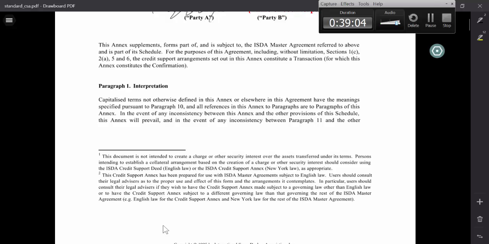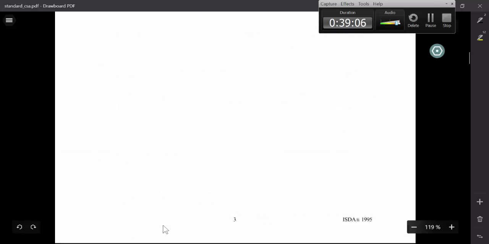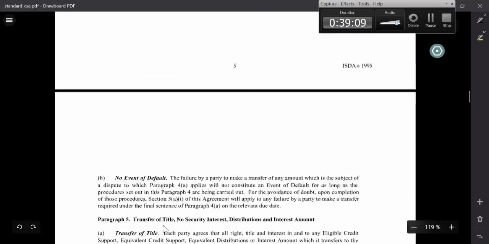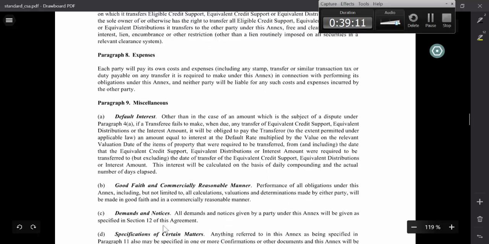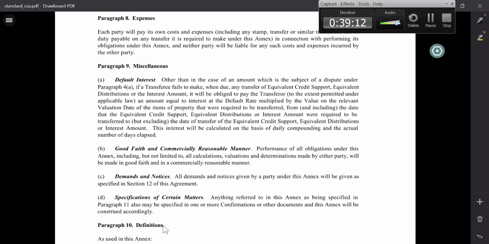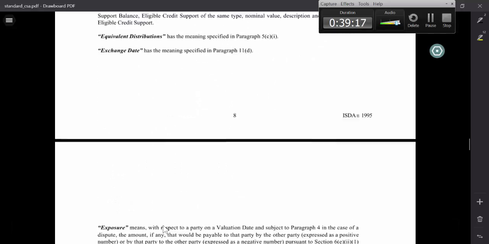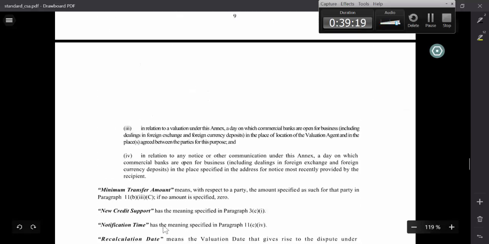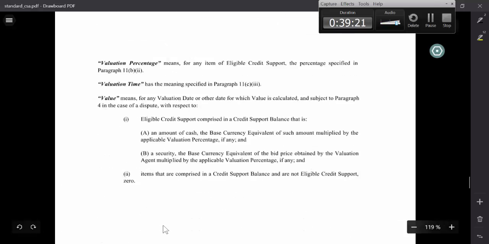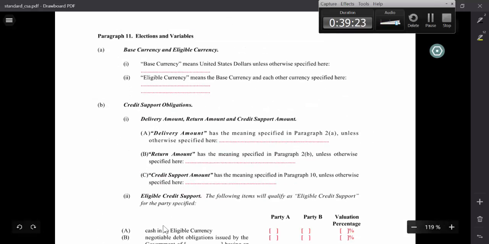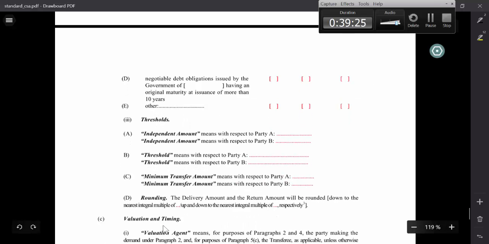Like I said, the most important parameters, you can spend a whole month just reading this thing and trying to understand it, but I pick out the really key elements, which are here.